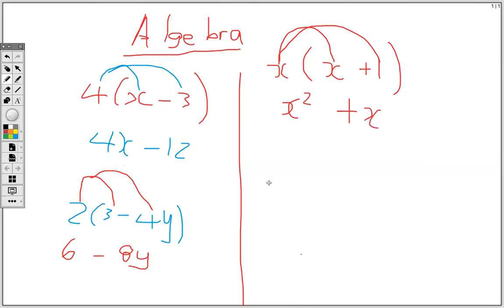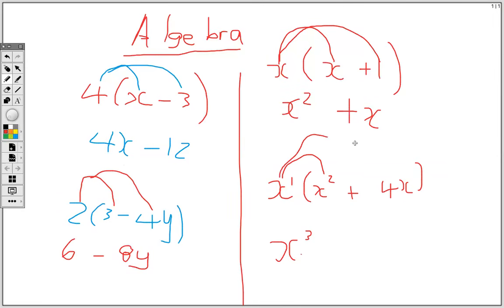Here we have another example, x times x squared plus 4x. So expanding this bracket, we'll have x times x squared. Again, indices, we add the power, so there's really a power 1 here. So it becomes x cubed.